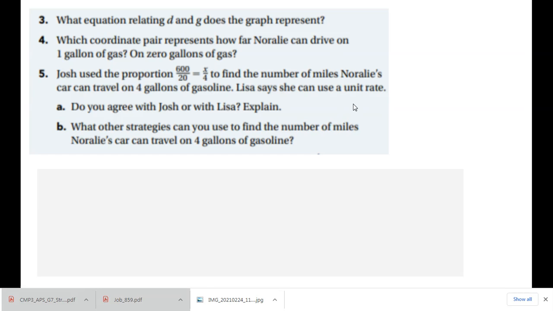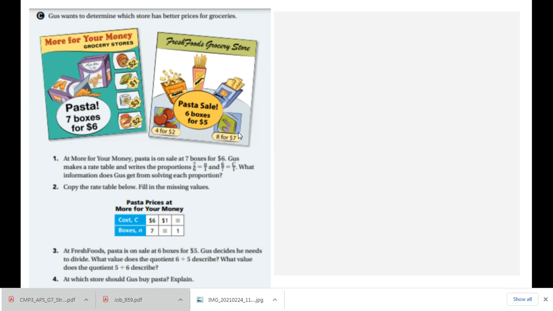So which one do you think makes the most sense and why? And then for 5B, what other strategies can you use to find the number of miles Nora Lee's car can travel on 4 gallons of gasoline? So they've given you the example of the proportion. Is there another way, another strategy that you can use to get that answer?